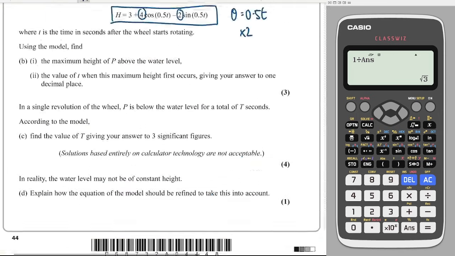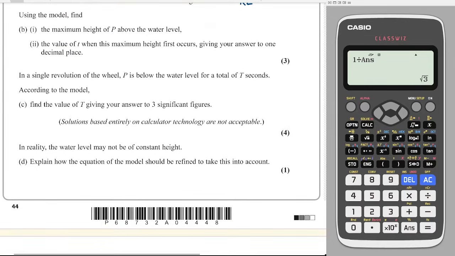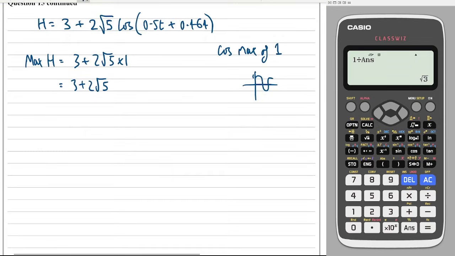And then the next part of the question, I believe, says find the value of t for when that maximum height does occur or first occurs. Well, once again, I know that the maximum height occurs when the cosine function equals 1. So let's solve this equation. Take cosine to the minus 1 of both sides, and the inverse cosine of 1 is 0, as you can tell from the graph, and also 360 or 2 pi.